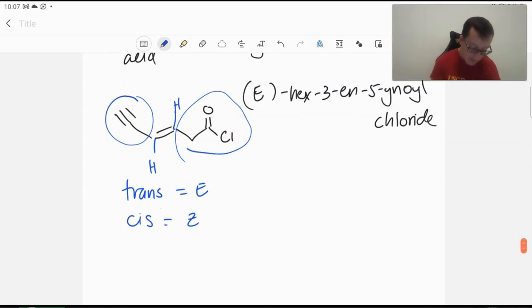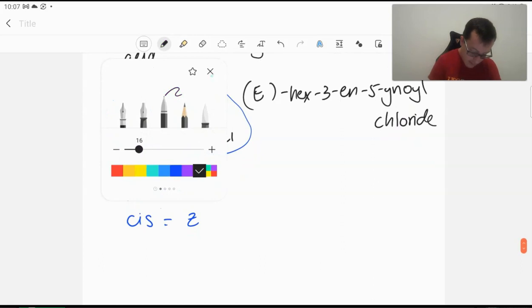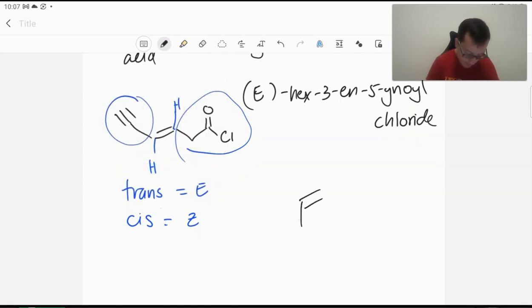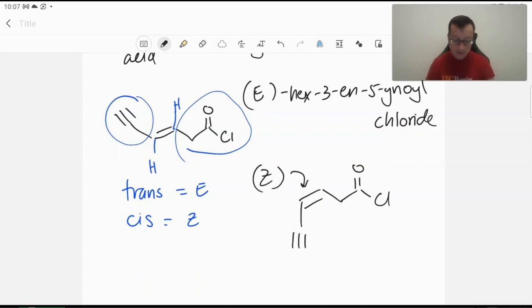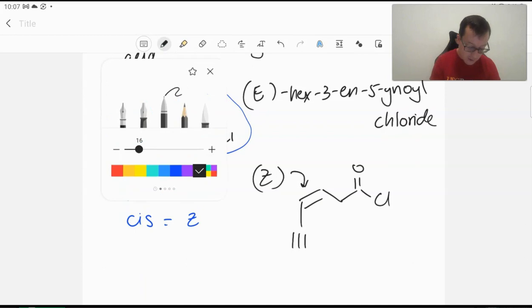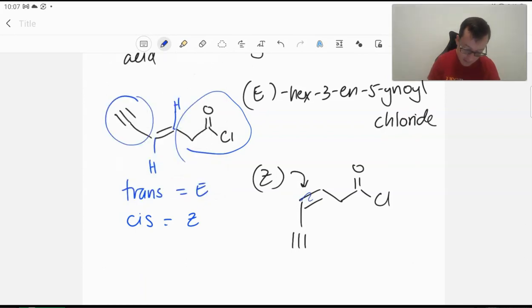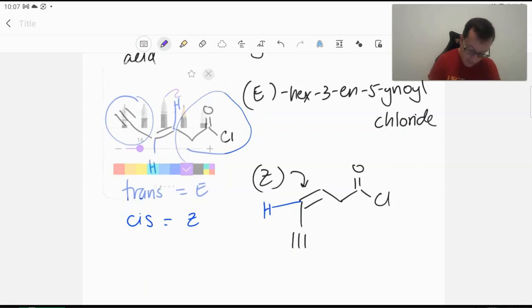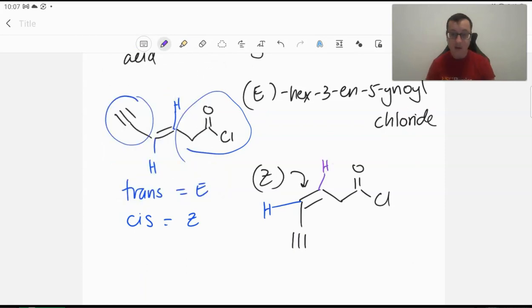So the Z one for this would look like this. This would be the Z alkene, because those two are on the same side, they're cis to each other, right? So comparing the alkyne versus the hydrogen, the alkyne wins. Comparing this acid chloride thing versus the hydrogen, the acid chloride thing wins.